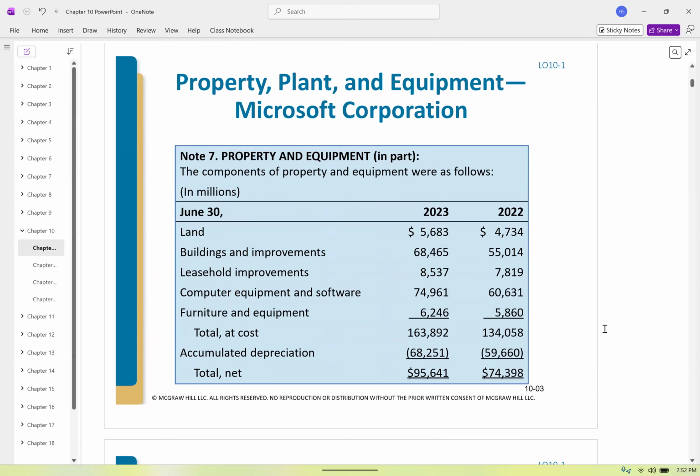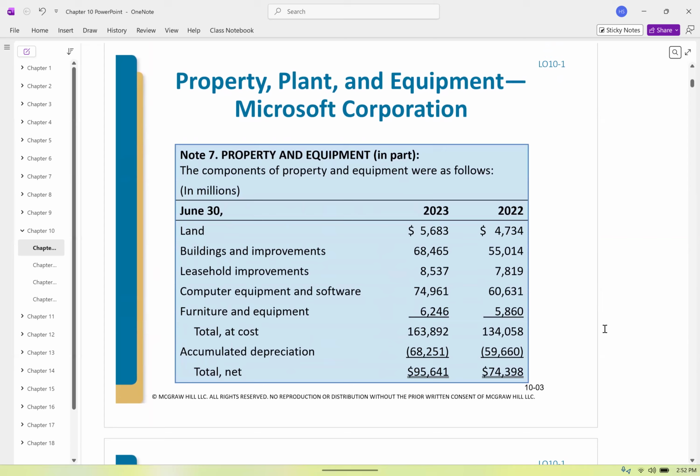They give us an example here from Microsoft Corporation, and this is just looking at their property and equipment. You can see land, buildings, leaseholds, computer equipment, furniture, and all of that. And they just have one big accumulated depreciation account. It's probably in their records divided out more specifically to each one of those assets, but this is just the financial statements to the public.